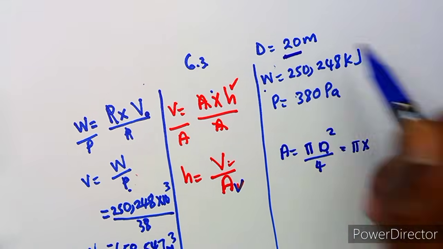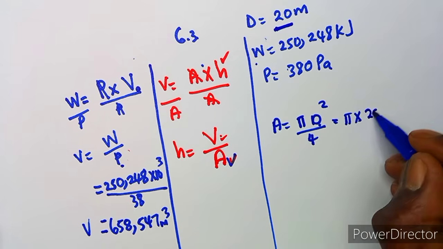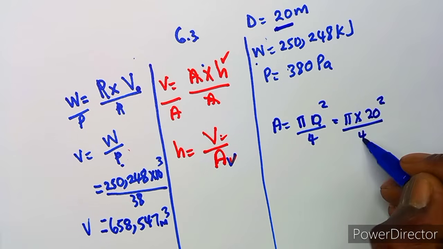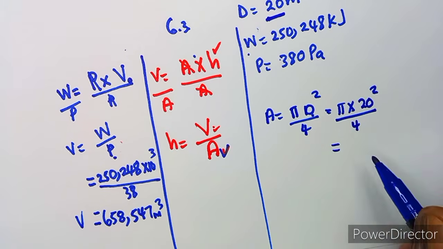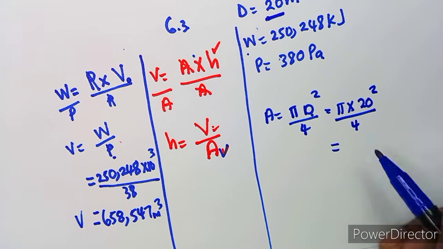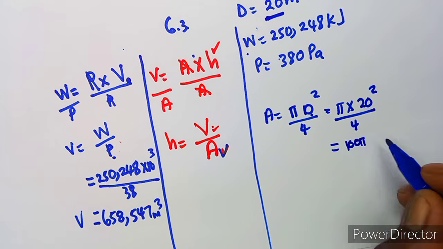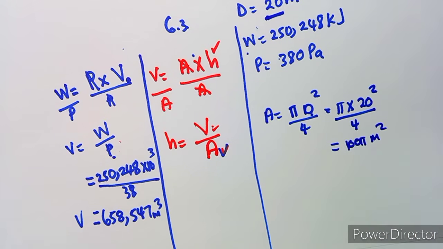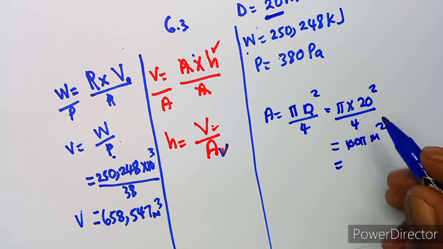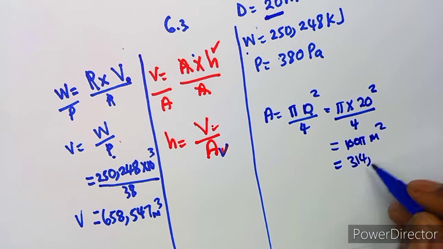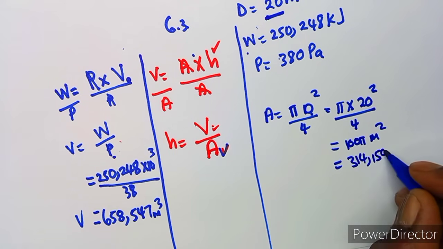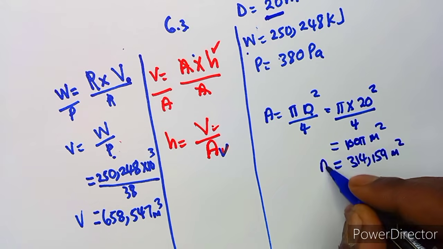Our diameter is 20 meters. So it's pi times 20 squared over 4. You're going to obtain something like 100 pi square meters as your area. Someone can write this as a decimal, which will be something like 314.159, if not mistaken. That will be your area in this case.